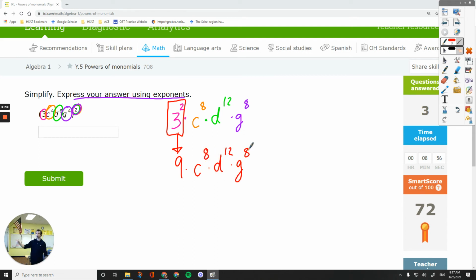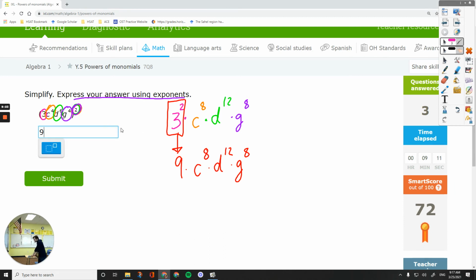You cannot simplify those because we don't know what c, d, or g equals. These are the simplest forms, but 9 is simplified versus 3 squared. So that would be the easiest way.